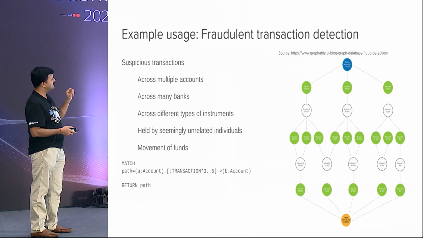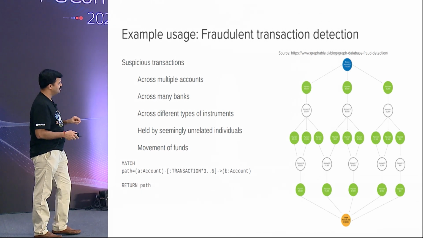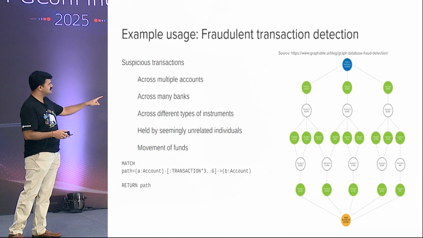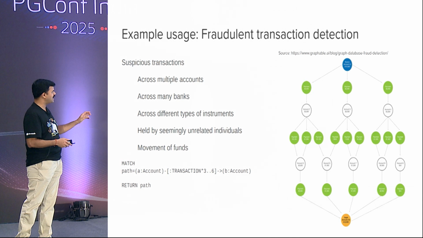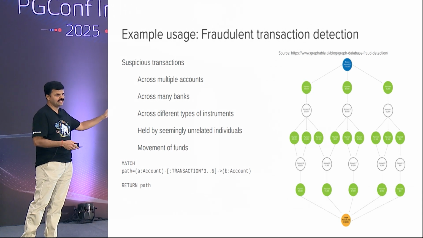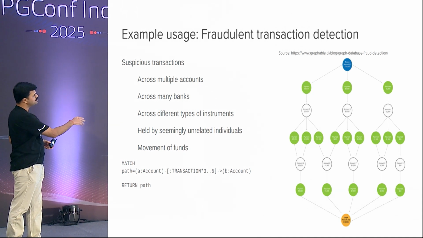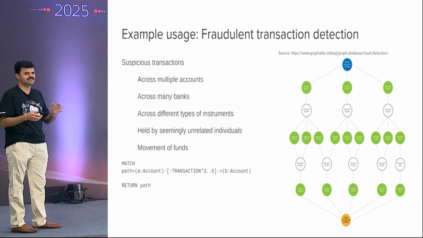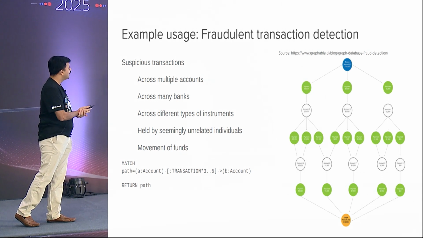Whereas with graph databases, it's much easier to say how is the money or something of value flowing from account A to account B, or entity A to entity B, and which has in 3 to 6 steps, because that's usually how fast fraud money would go.